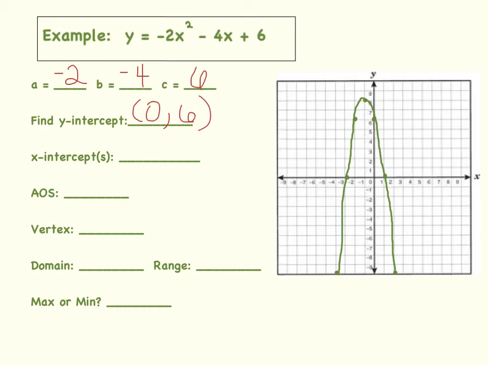Now let's find our x-intercepts. There is a way to do this algebraically, and we will be learning that later. First, we're going to learn how to do it by looking at the graph. Remember, x-intercepts are where the graph crosses or touches the x-axis. In this example, I have two places that it is crossing the x-axis.